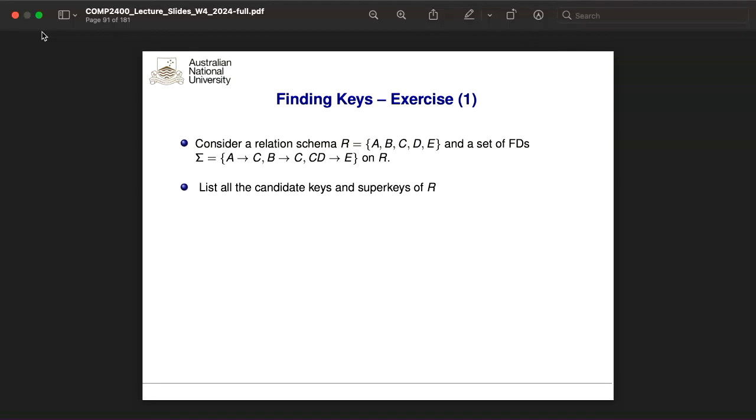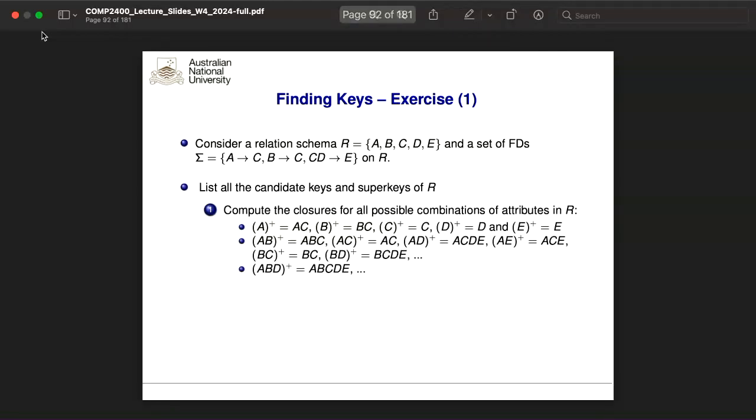Because candidate keys needs to be minimal. So a good starting point is to look into subsets which are small, from smaller ones to bigger ones. So that means we can do some calculation from the single attribute.